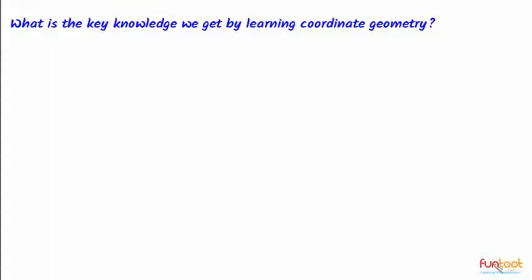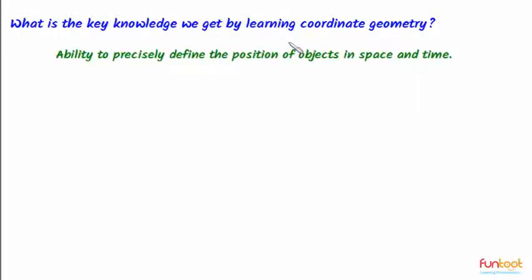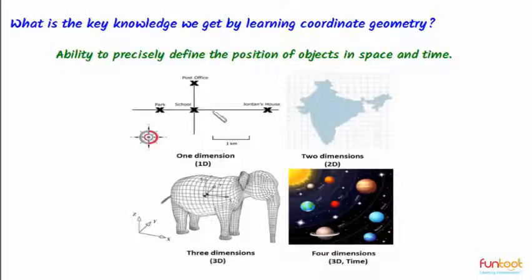Let's see what is the key knowledge we get by learning coordinate geometry. With the help of coordinate geometry, we get the ability to precisely define the position of objects in space and time. For example, let's see the first sketch.